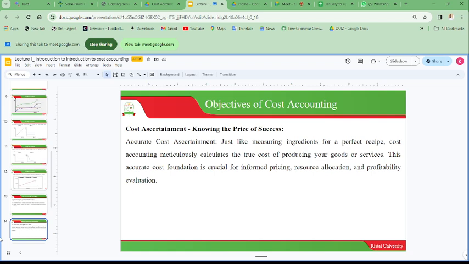An accurate cost ascertainment is just like measuring ingredients for a perfect recipe. Cost accounting determines the cost of production of goods or services. So that's all about cost ascertainment.